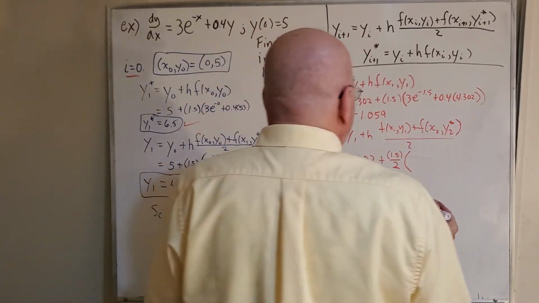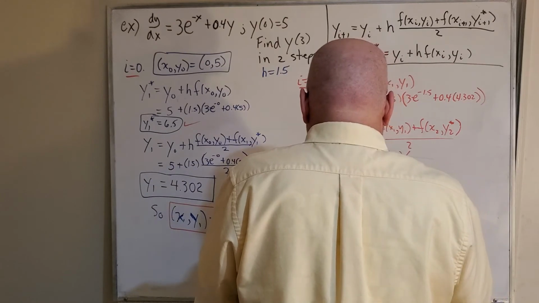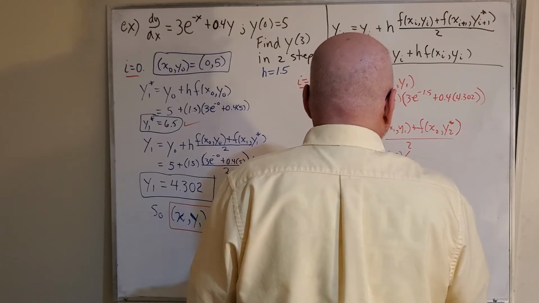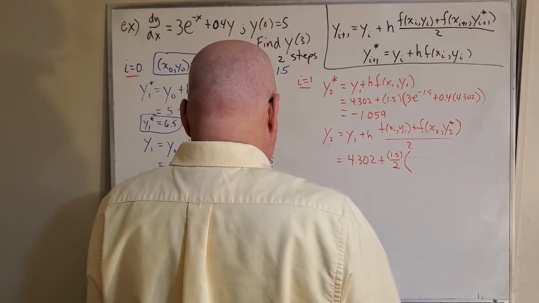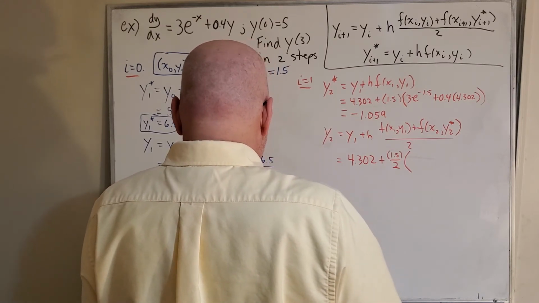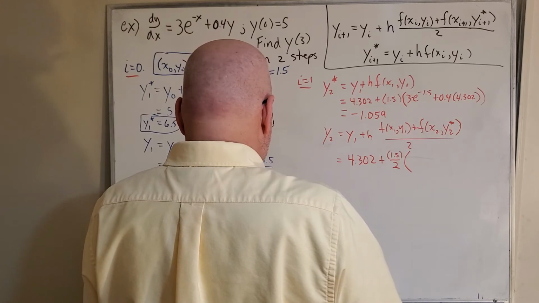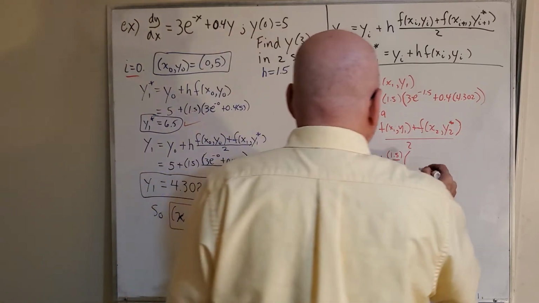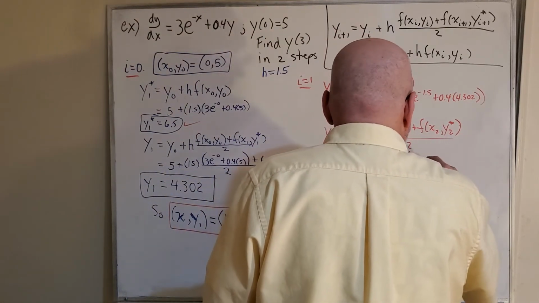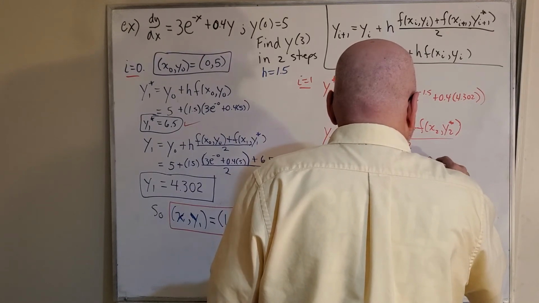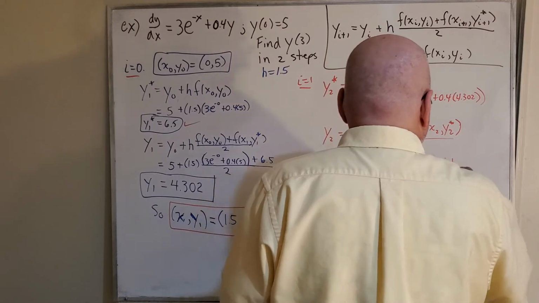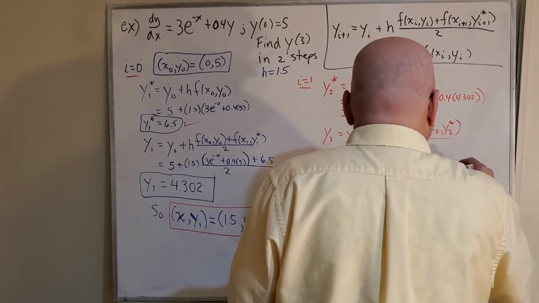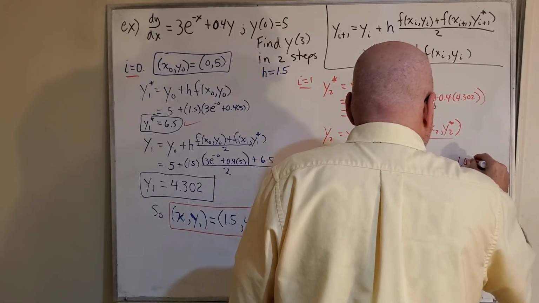F of x1, y1, we get negative 0.9406, plus, actually it's minus, plus a negative 1.0519.